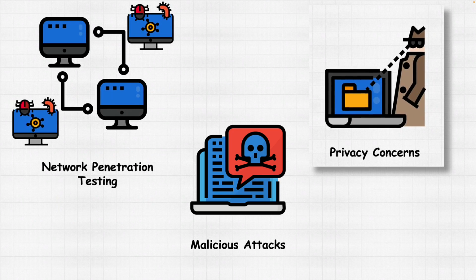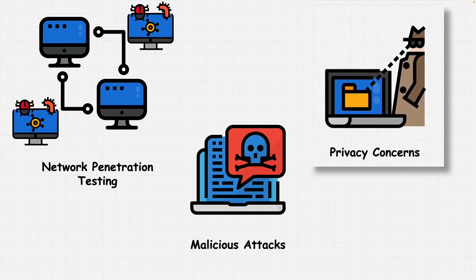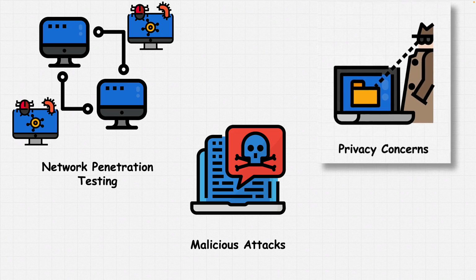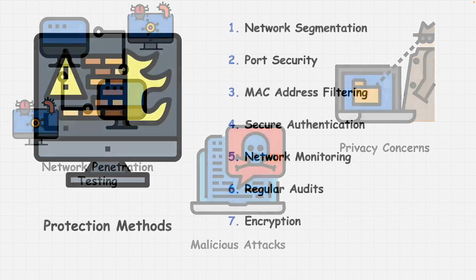And in privacy concerns, individuals who wish to avoid being tracked on public or unsecure networks may use MAC spoofing to maintain anonymity. So now we know what MAC address spoofing is. We know when it's used and why it's used. But how can we prevent it?